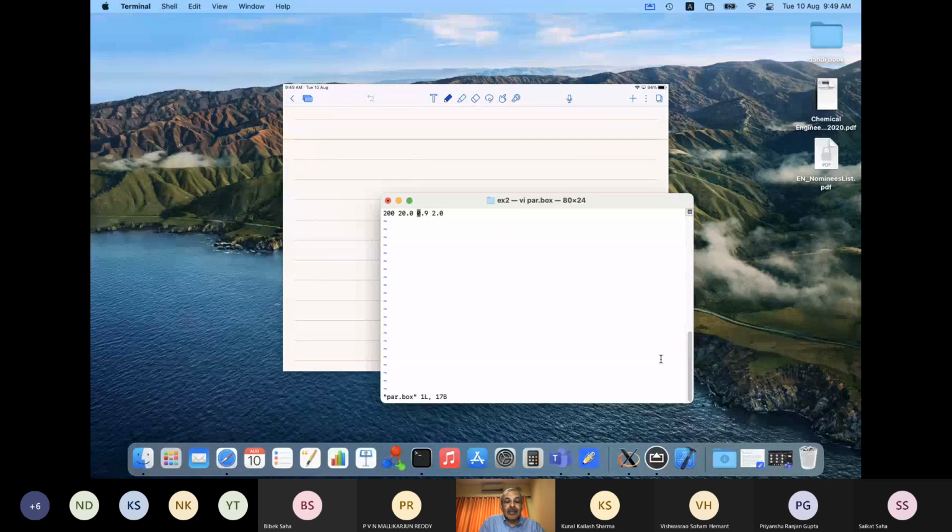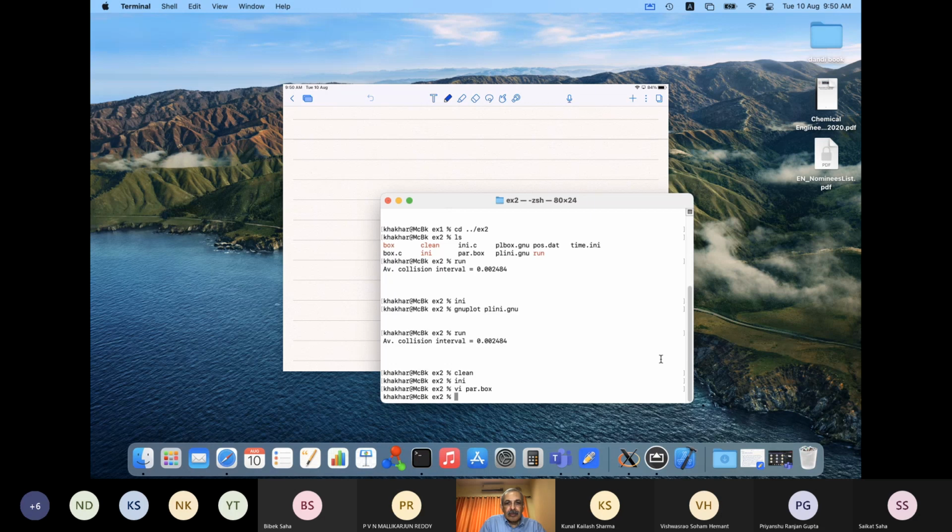We have put it as 0.9 in our case. If we keep it at 1, so this is now the coefficient of restitution as 1.